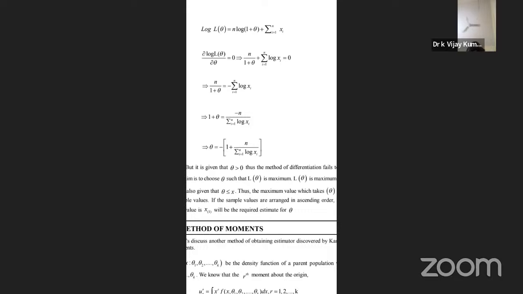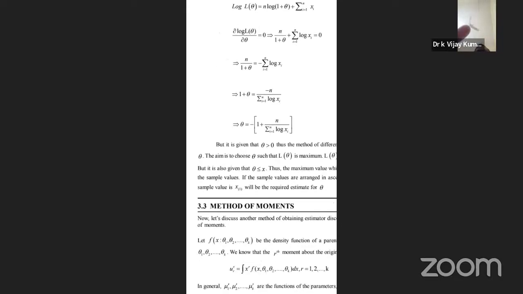So n by (1 plus theta) is equal to minus summation of log xi, and 1 plus theta is equal to minus n by summation of log xi. Hence theta is equal to minus 1 minus n by summation of log xi.